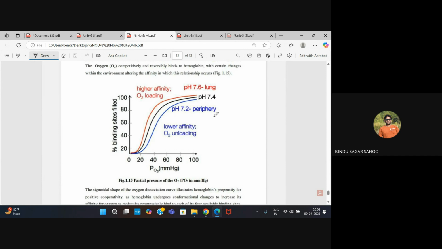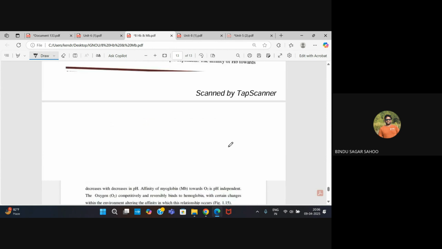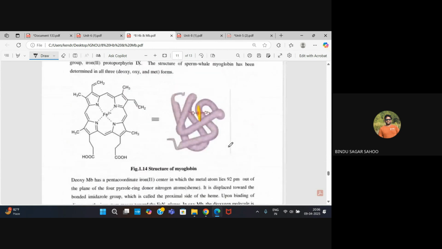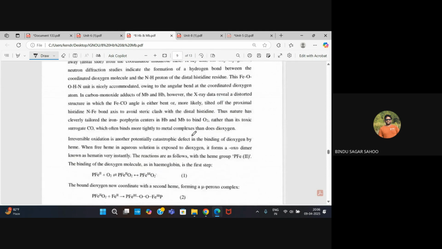Yes or no? That means when pH is shifted towards the acidic medium, the binding tendency of hemoglobin and myoglobin with oxygen decreases. That is called Bohr's effect. Okay. So Bohr's effect works in this particular condition.